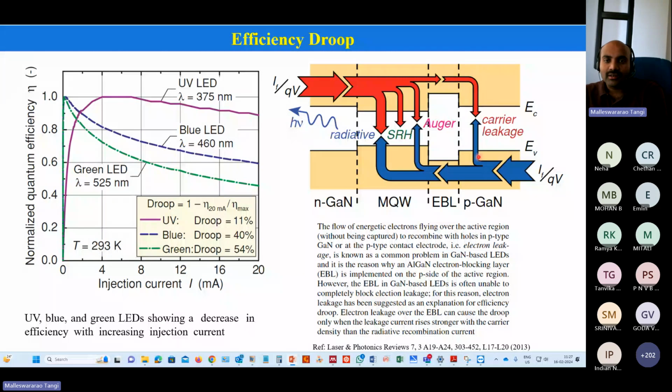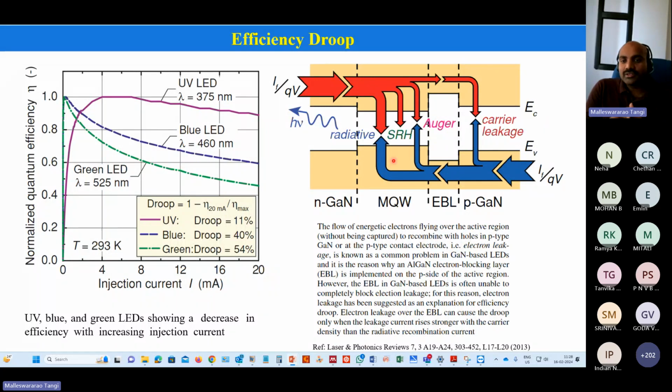Another thing in this figure, as you can see, when you inject carriers into the device, they will recombine at the active region, which is the quantum well or multi-quantum well region. And these recombinations are of three types. One is radiative recombination, another is Shockley-Read-Hall, or Auger recombination, which are part of the non-radiative recombinations.